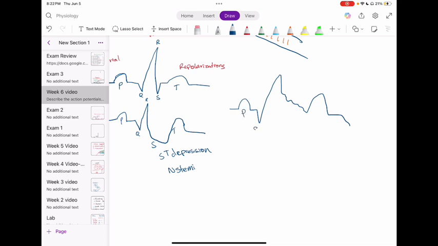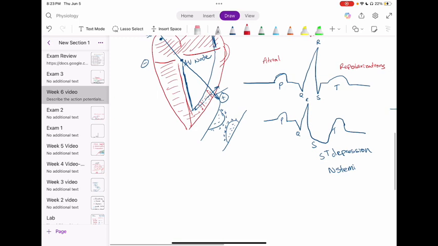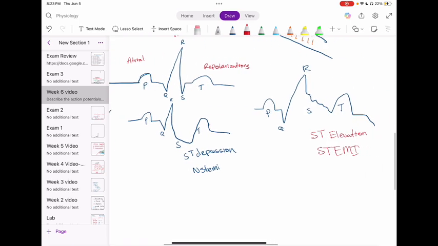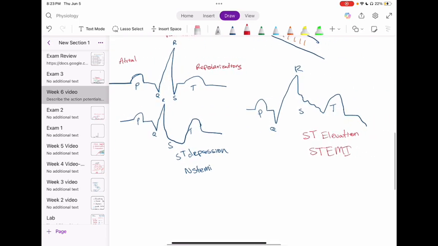So we have our P, Q, R, this is S, this is T. And as you can see, S and T are both pretty far above the starting point. This is called an ST elevation. And this is a sign of what they call a STEMI. And this is a for sure sign of myocardial infarction, which is a heart attack.